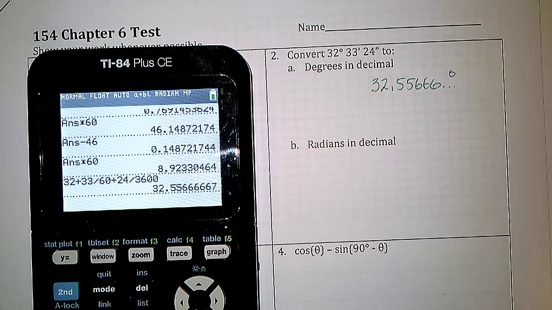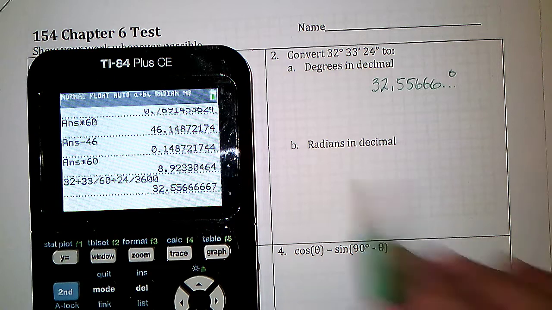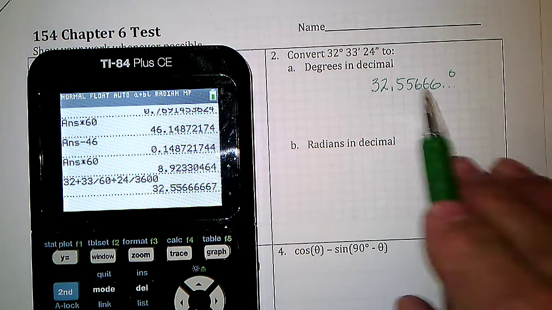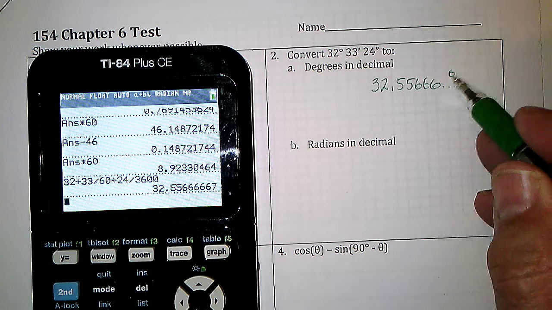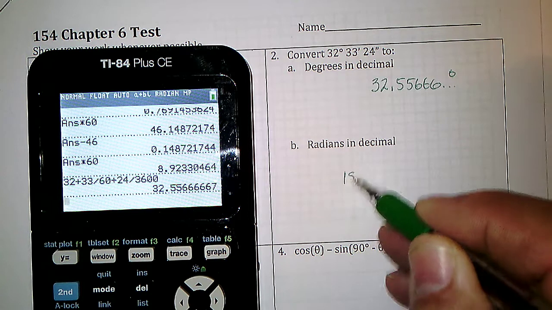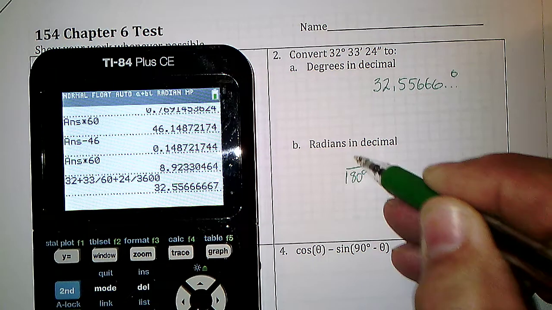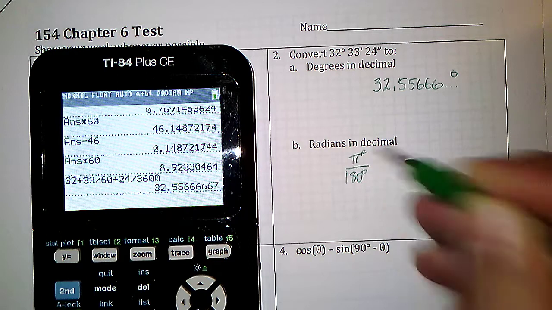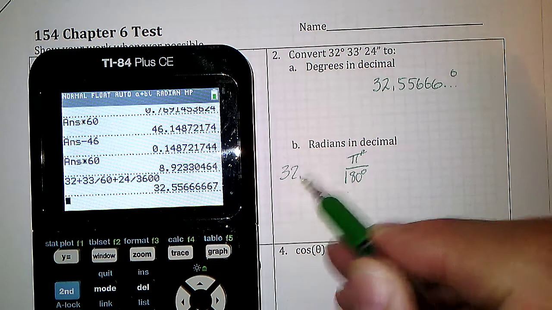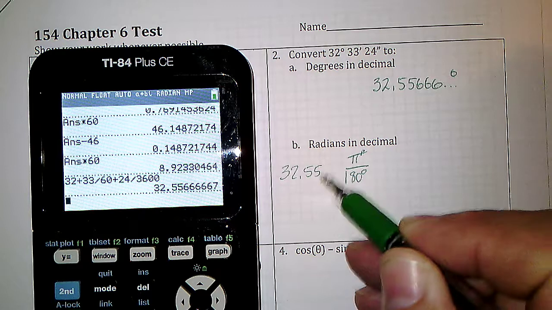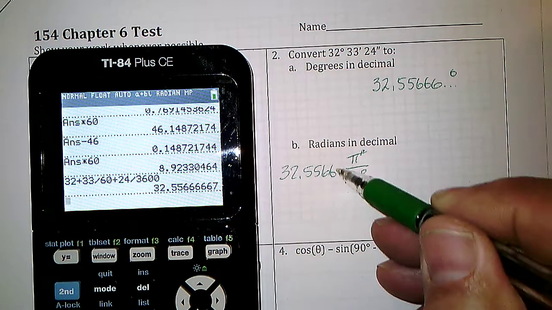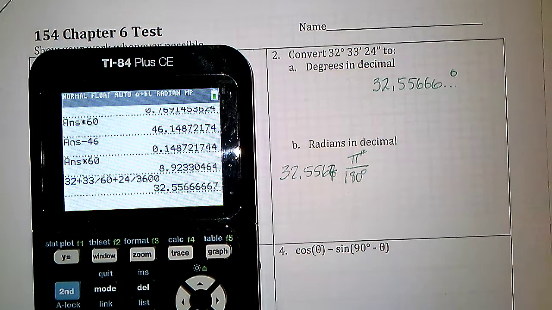degrees in decimal. Now to convert that to radians, I got to take that answer times, I got to get the degrees to cancel, so I want 180 in the denominator and pi in the numerator times the 32.5566. Actually, I should round that off to 7.